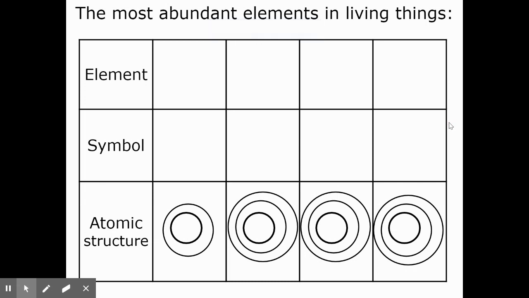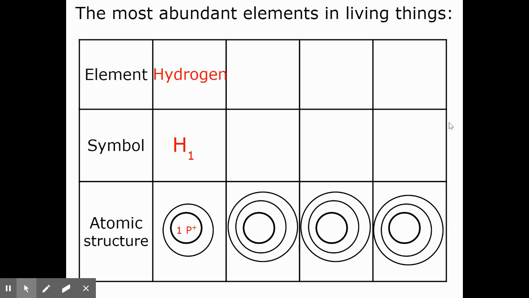Let's take a look at each of them. The symbol for hydrogen is H. I put a little 1 next to it. You don't normally write the letter with the number, but I put the number because that represents the atomic number. That means there is 1 proton, and the way we write a proton is a P positive, because it has a positive charge.